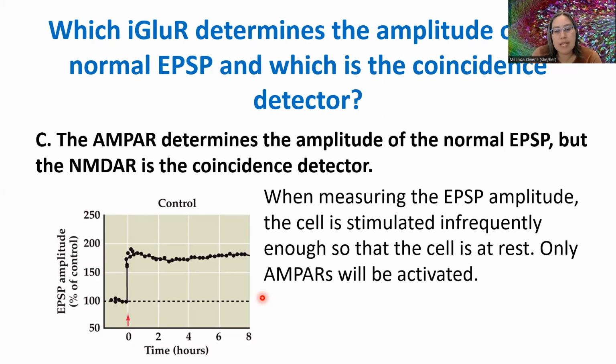And when you do that, only the AMPA receptors will be activated. So your AMPA receptors give you your normal workaday: I have stimulation and I am getting an EPSP on the other side. That is only carried by the AMPA receptors because the NMDA receptors don't even open when the postsynaptic cell is at rest. So everything you see in this plot, all of these dots, are measuring basically AMPA receptor mediated PSPs.